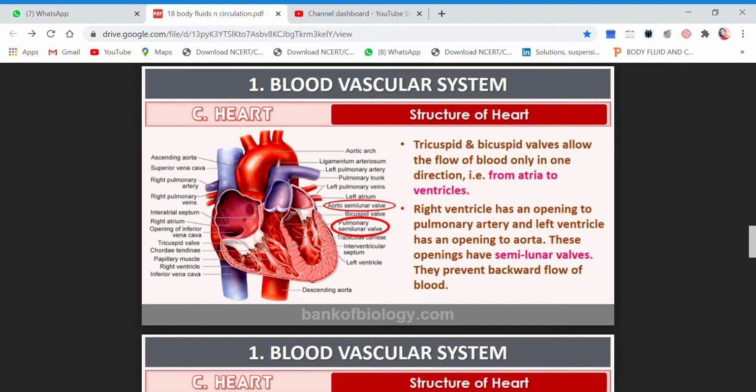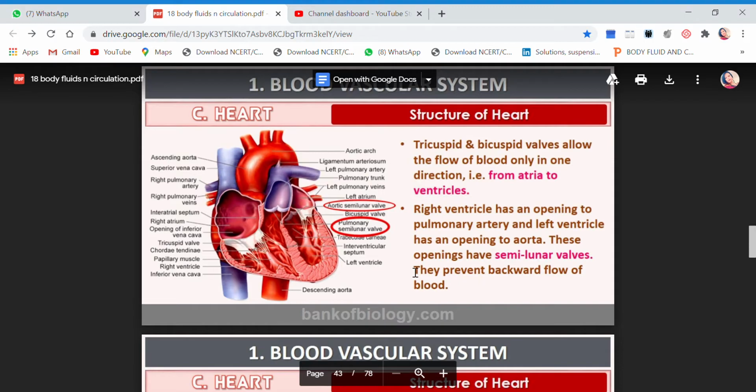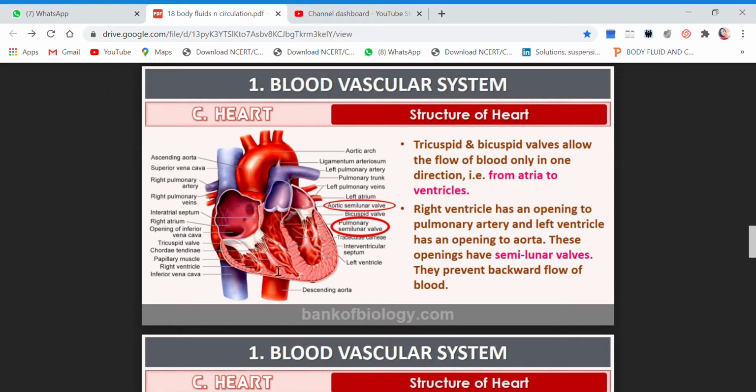Like, the right ventricle opens into the pulmonary artery, and on that opening there is a valve called the semilunar valve, just to prevent the backflow of the blood. Similarly, there is a valve between the left ventricle and the aorta to prevent the backflow of the blood.